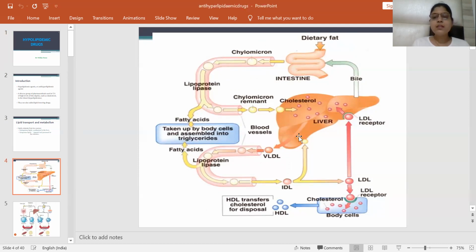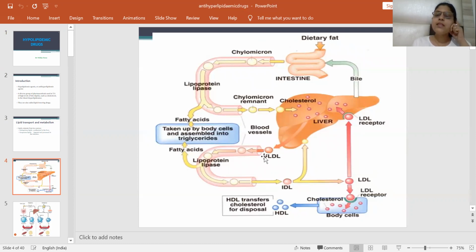The VLDL is released, and the LDL is formed. LDL gets converted to VLDL. LDL is taken up by the low density lipoprotein receptor, and it forms the cholesterol. And from the cholesterol, the VLDL is formed.